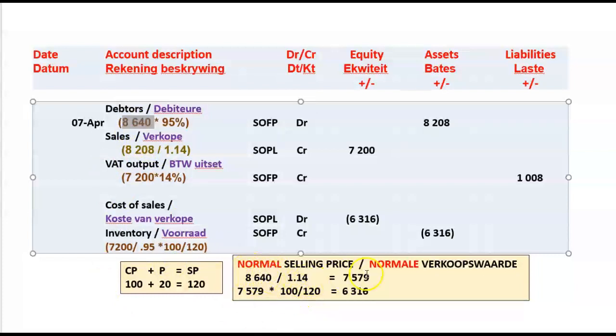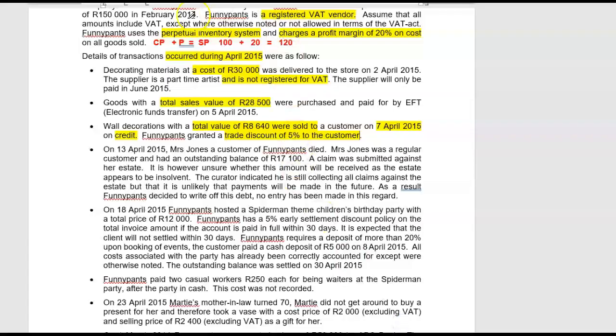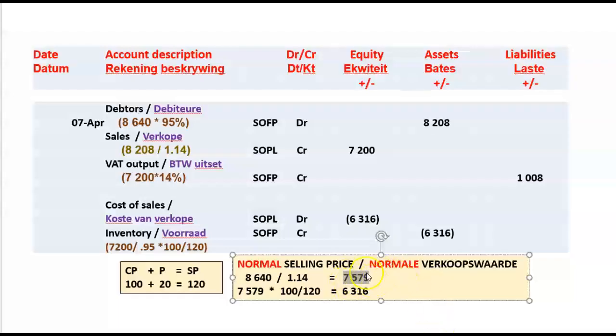So 8,640 to get to a normal selling price, divided by 1.14, gives us 7,579. And now we can apply our profit formula to that. 100 divided by 120 multiplied by 7,579 will give us the cost price of the goods sold, 6,316. So we will debit cost of sales, statement of profit or loss, debit, decrease equity, 6,316, and then we're going to credit inventory with the same amount, which will be a reduction in our assets as well.